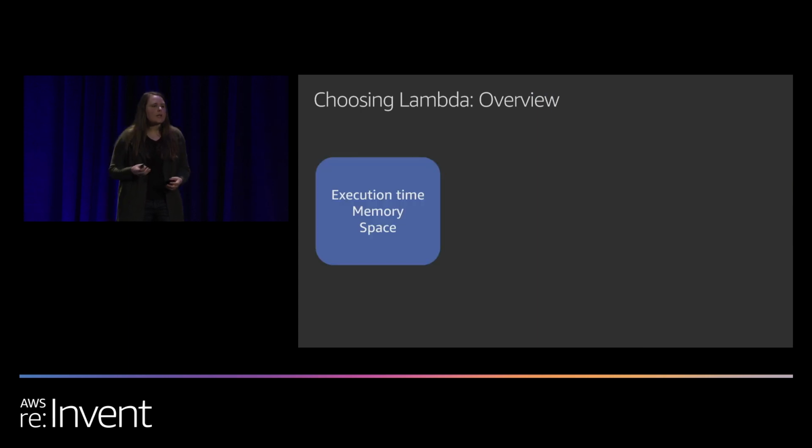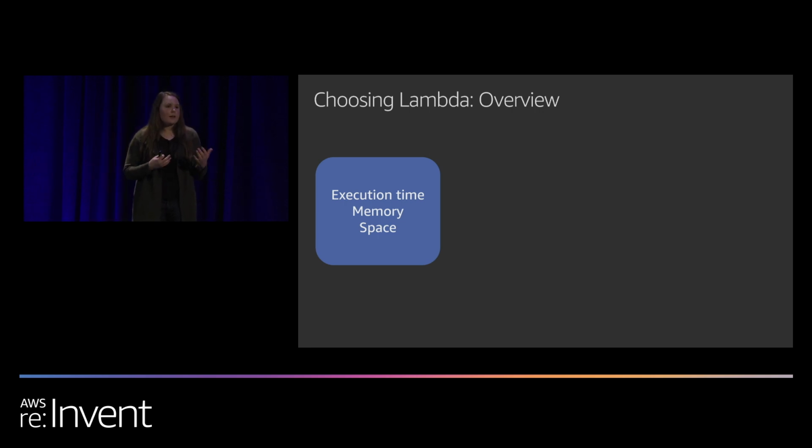The first category is around the constraints that Lambda has. Does the work that needs to be done fit inside those constraints? Does it fit within the, last time I checked, 15-minute execution time? Does it fit within the memory and the space constraints? Although sometimes we can escape those constraints, so a couple tips.